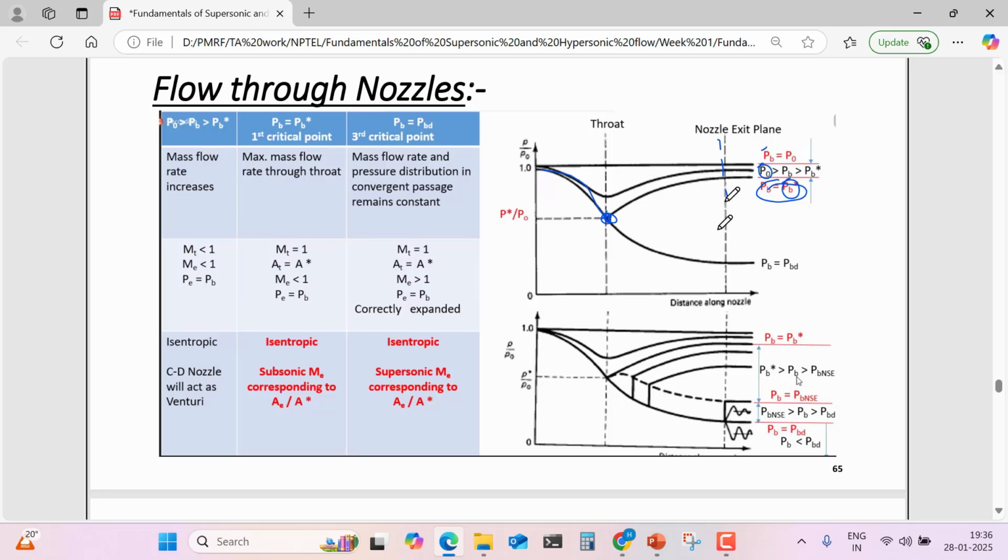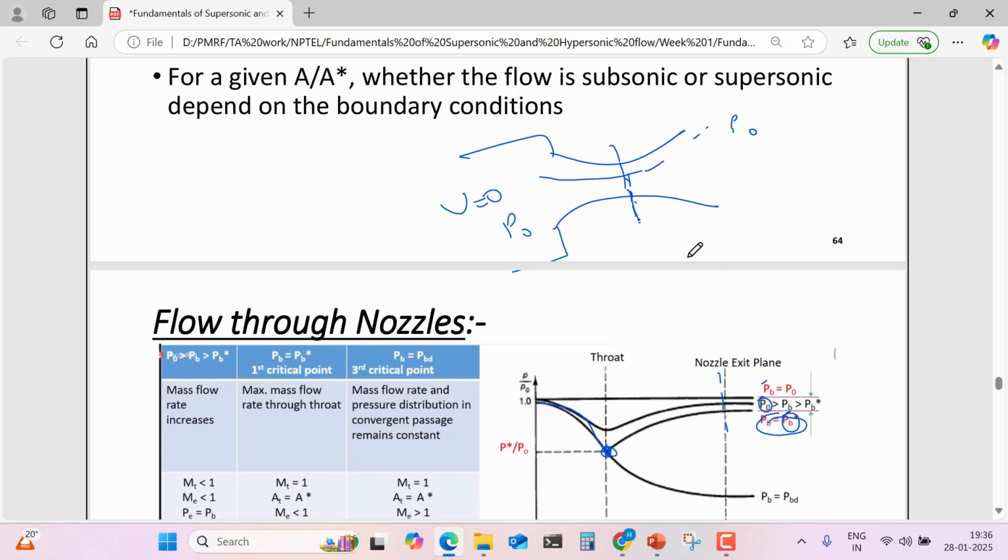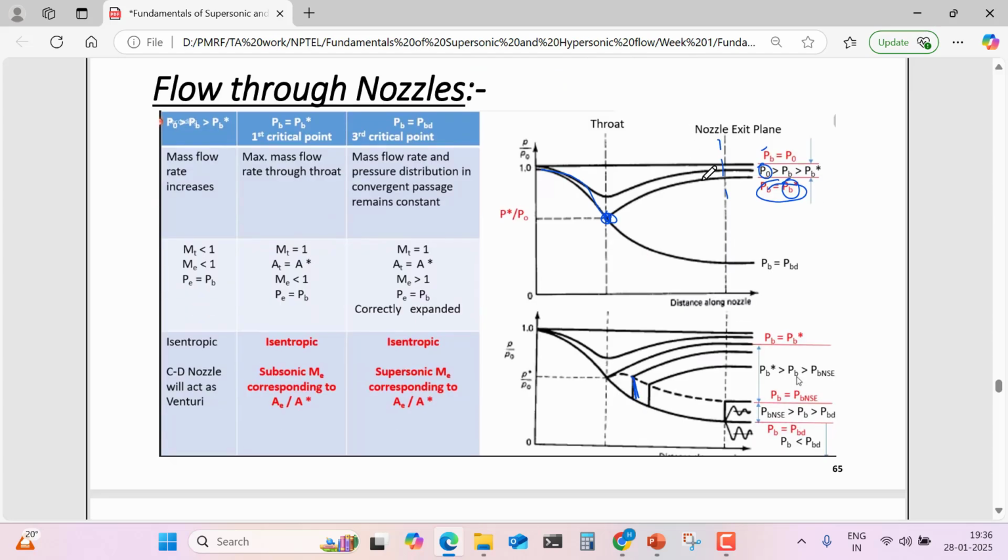Now if we decrease the pressure further, then there will be one normal shock inside the divergent section, due to which the velocity will first increase till the normal shock. After that the flow will become subsonic and it will match the back pressure.